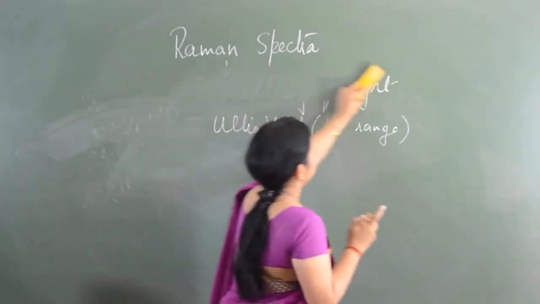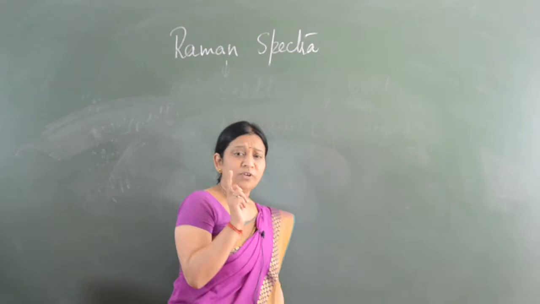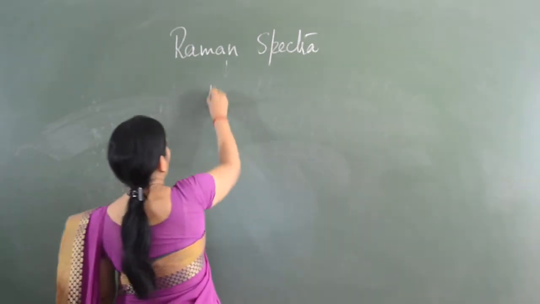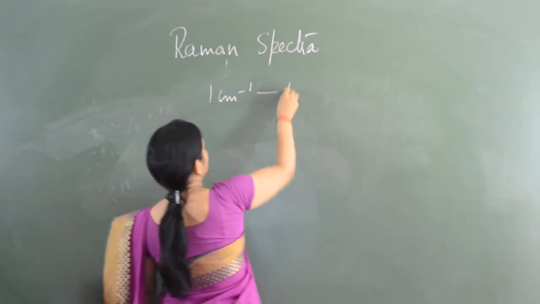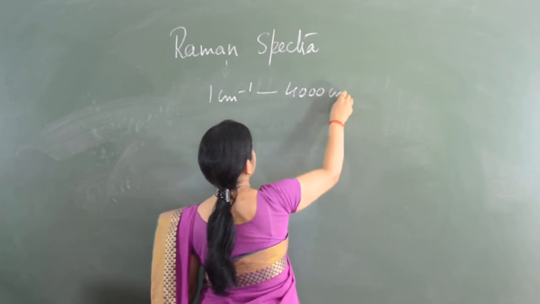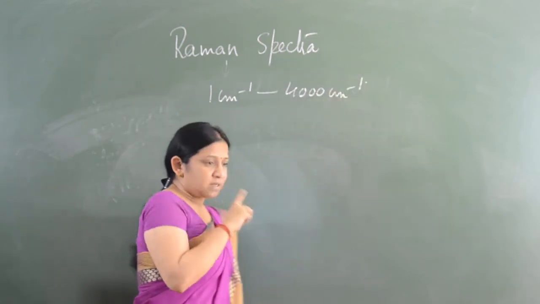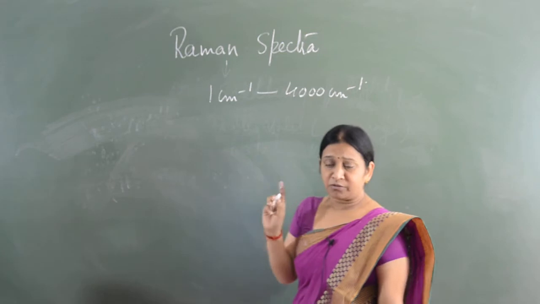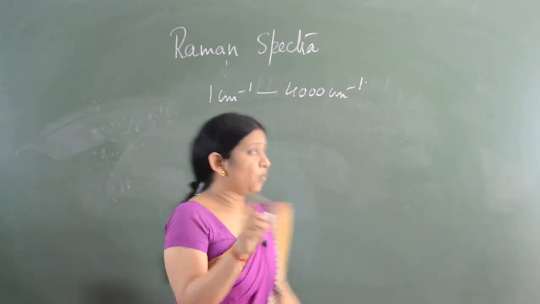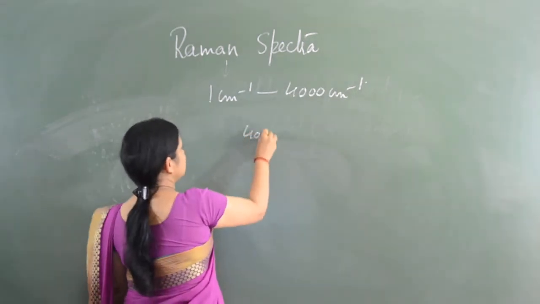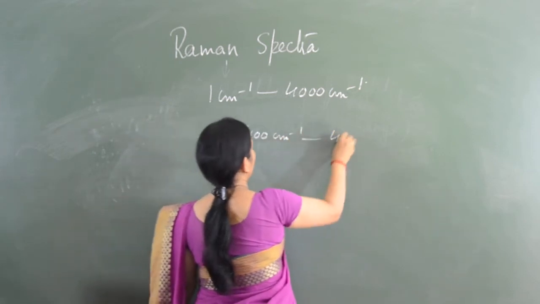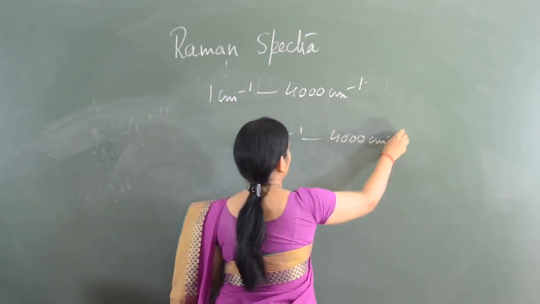Secondly, the range of Raman spectra is 1 centimeter inverse to 4000 centimeter inverse. In the last lecture, the range of IR spectra was from 400 centimeter inverse to 4000 centimeter inverse.